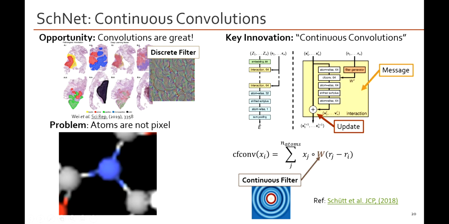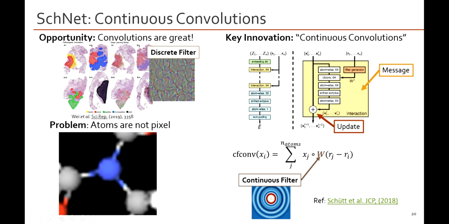And this also can be formalized as a message function, where I take all of my neighboring atoms and use them to compose a message, which in SchNet I then add to the previous values for each of those pixels, in our case, atoms. That gives me a new set, and I can repeat this throughout the network.